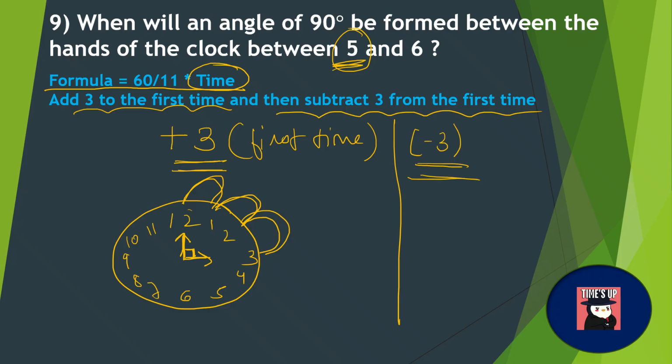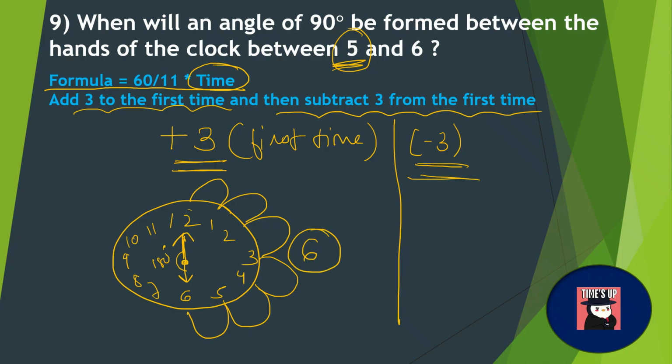Now, if you ask how plus 6 and minus 6 comes in case of a 180-degree angle: a 180-degree angle is formed at 6 o'clock, correct? I had said that. So suppose now a 180-degree angle is formed here. So here see 12 to 1, 1 to 2, 2 to 3, 3 to 4, 4 to 5, 5 to 6. So here 6 times, correct? From 12 to 6, the time it takes to travel is 6.